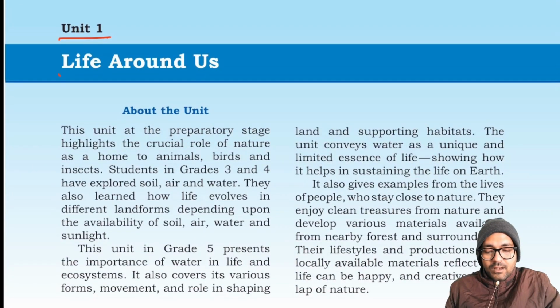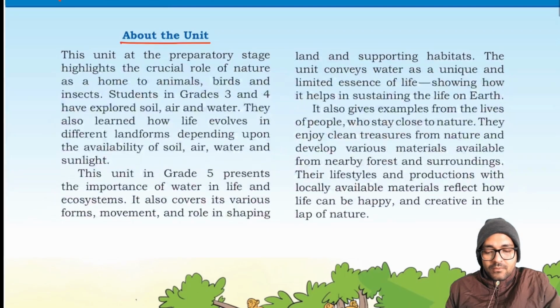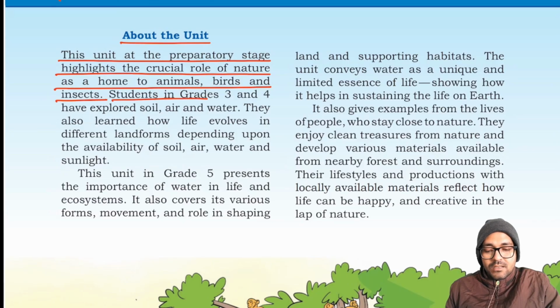Unit 1, Life Around Us. About the unit. This unit at the preparatory stage highlights the crucial role of nature as a home to animals, birds and insects. Students in grade 3 and 4 have explored soil, air and water.